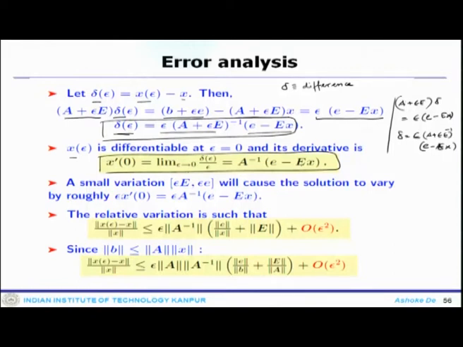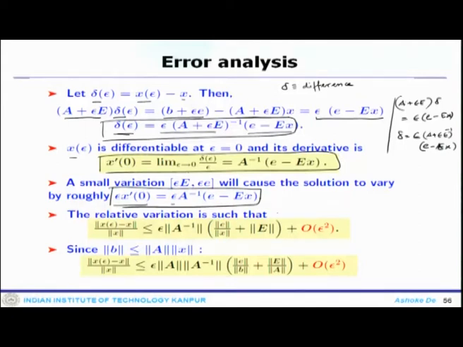So, a small variation will cause the solution to vary roughly epsilon times x prime 0, which is nothing but epsilon A inverse (e minus E x). That is what it does, and one can estimate by a small perturbation to the system how much your final solution will vary.